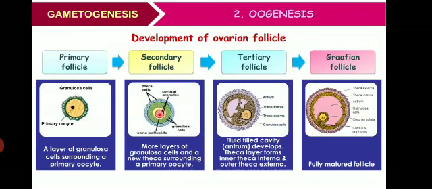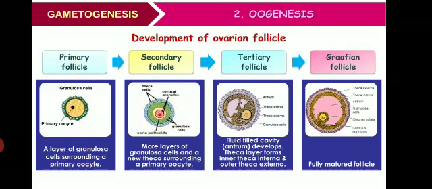Then a secondary follicle means more layers of granulosa cells and a new theca surrounding a primary oocyte. So a second layer of granulosa cells develops, and one theca develops, then it is called a secondary follicle.